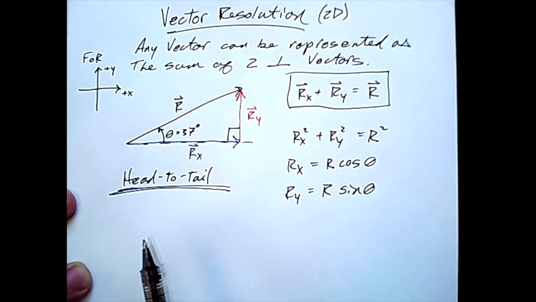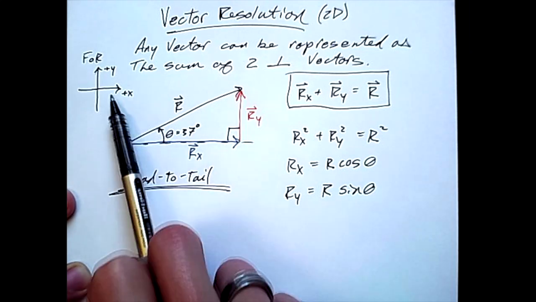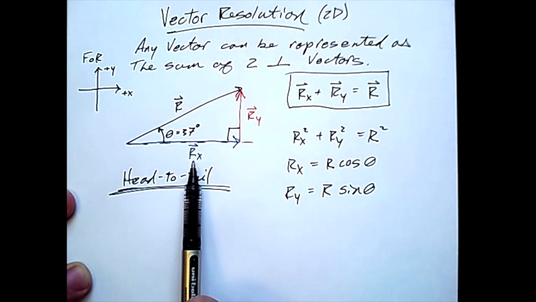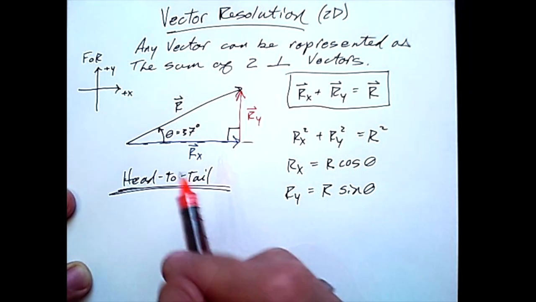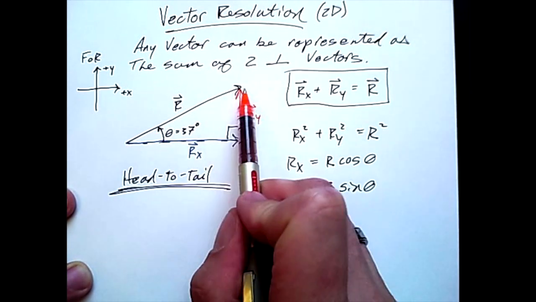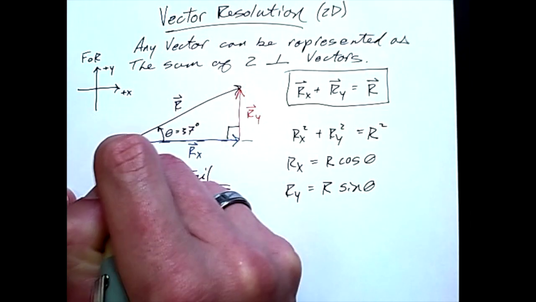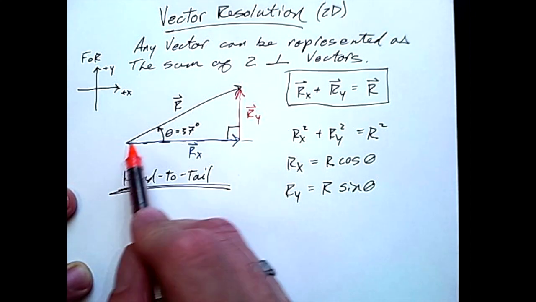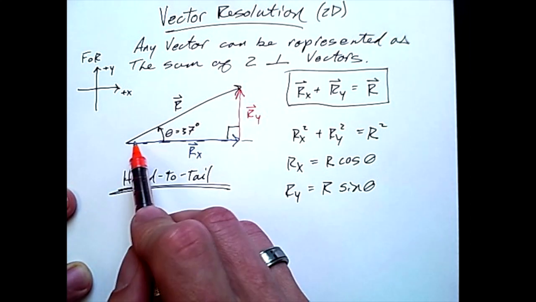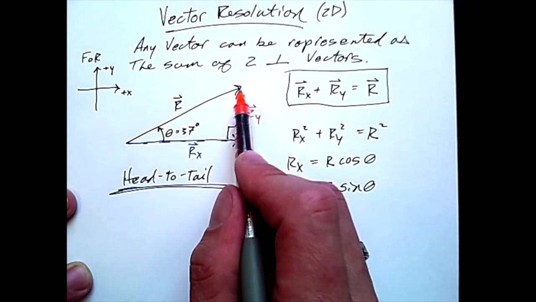We will incorrectly assess the directions of r x and r y if we do not draw our diagram head to tail. Head to tail meaning that no matter how I want to demonstrate the sum that indicates r, when I draw my first vector, I start where the beginning is. We're keeping in mind that vectors could potentially be a displacement, so we think of this as from start to finish.